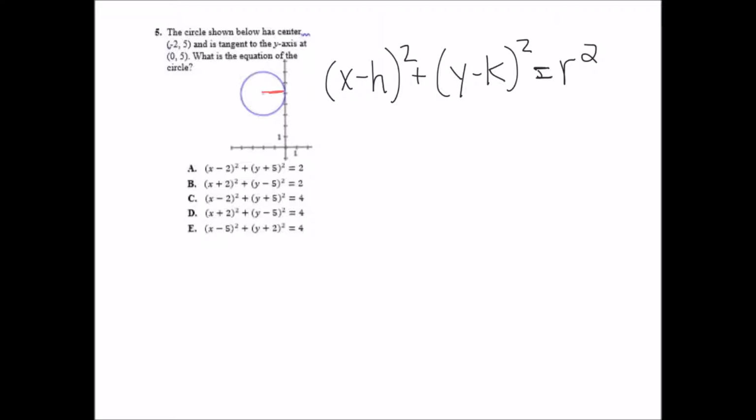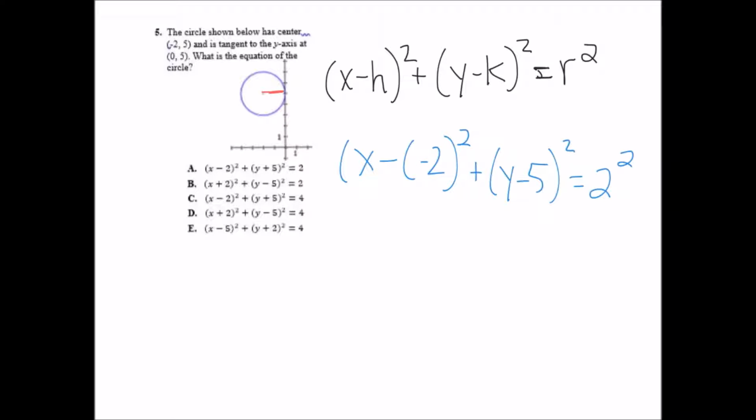So now what we don't know is the x and the y, but we know everything else, and so you can write the equation like this: x minus a -2 squared plus y minus 5 squared equals 2 squared.